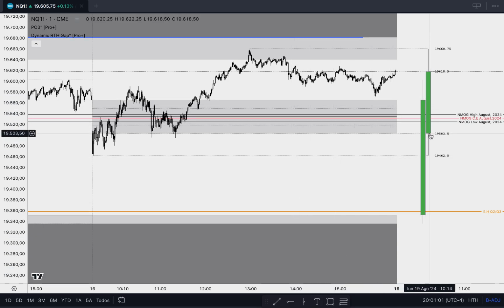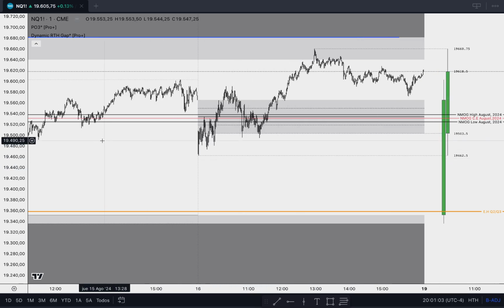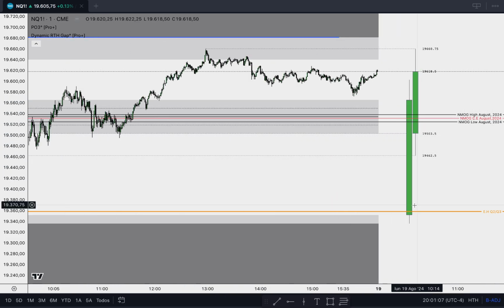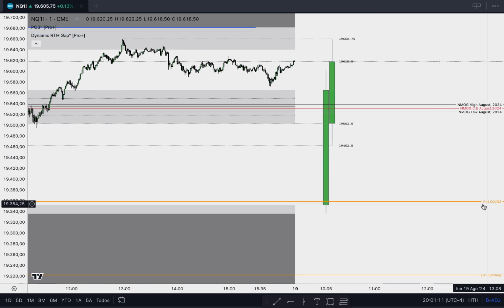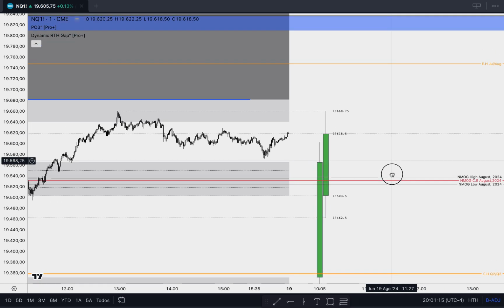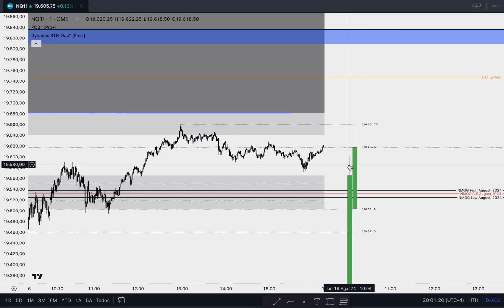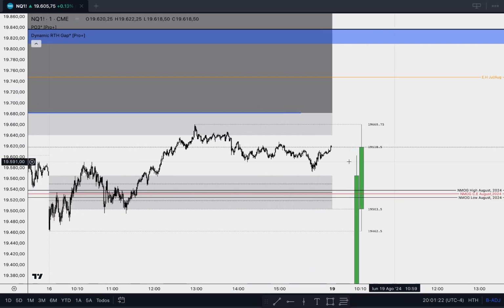Where are we opening? Inside of the previous daily candle. What I'm expecting is to come back to this equilibrium or this event horizon, or to move to this gap that is open above the marketplace, because this is the nearest point.